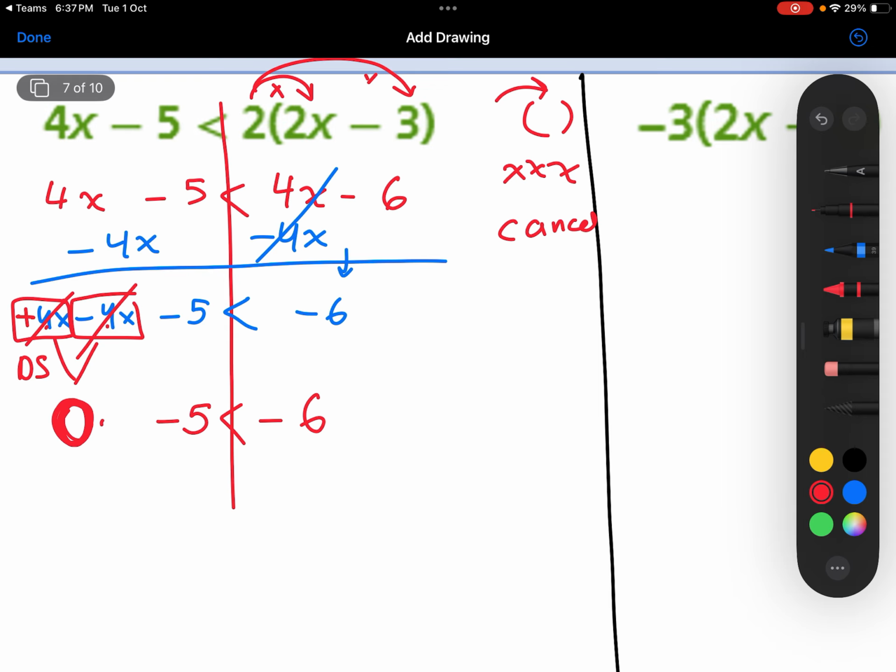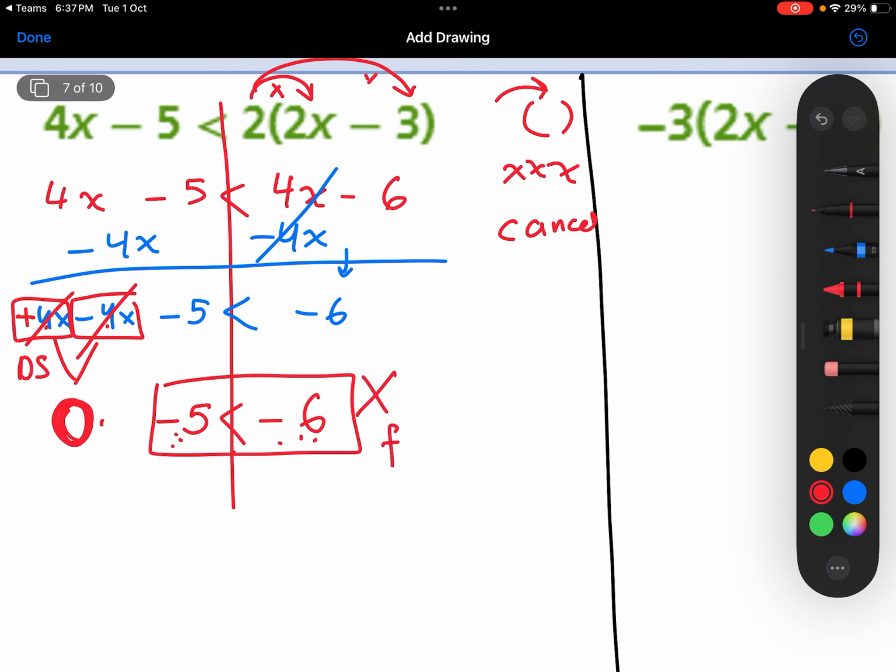Read your inequality. Negative 5 less than negative 6. Is that true? Which one is less? The negative 5 or the negative 6? Is it negative 5 that is less? No, on the number line, negative 5 comes after negative 6. So negative 5 should be more than negative 6, which is, this statement is wrong.